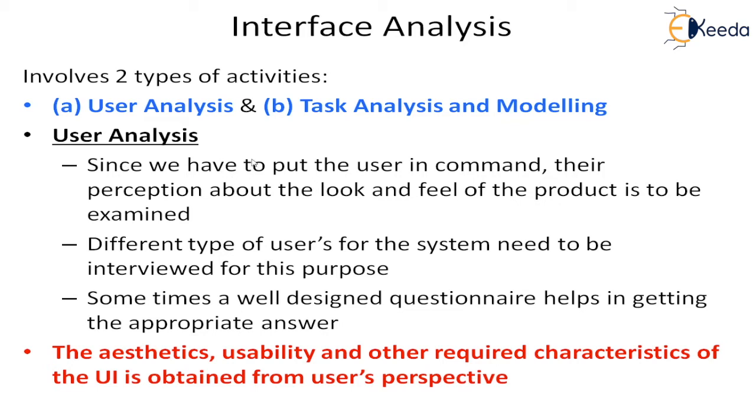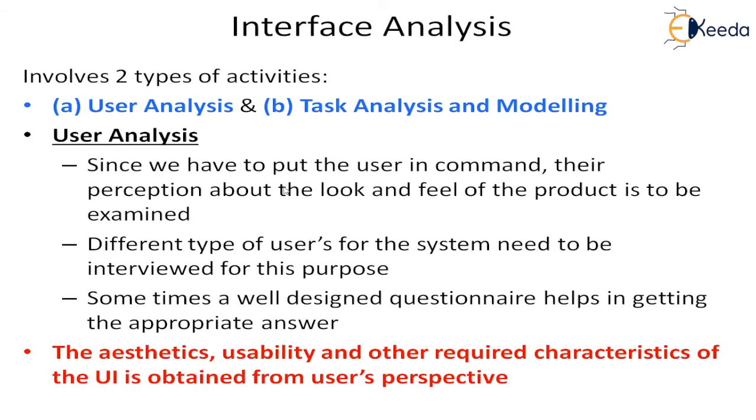Since we have to put the user in command, the perception and the look and feel of the product has to be determined by the user. So we have to analyze the user to understand his style of work, how he feels, and how he has conceived the software to look.